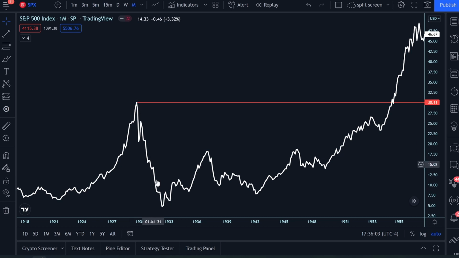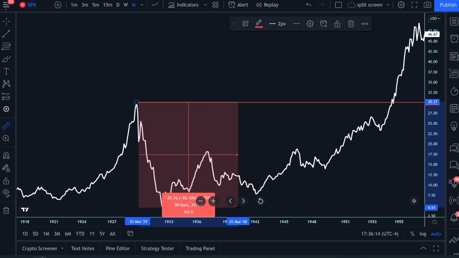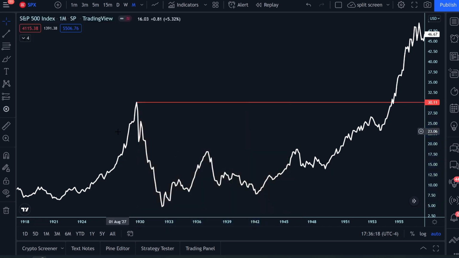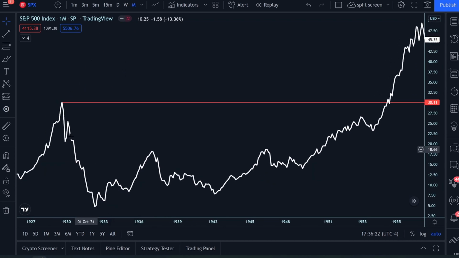Imagine going from 30 all the way down to $4. That right there, if we do a quick little chart, you're looking at an 85% crash, which is wild to think of. And what's even crazier, if you look, it took 25 years for us to see new all-time highs. So this is a catastrophic event.